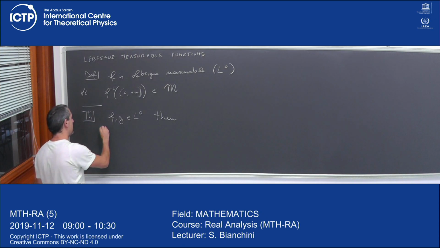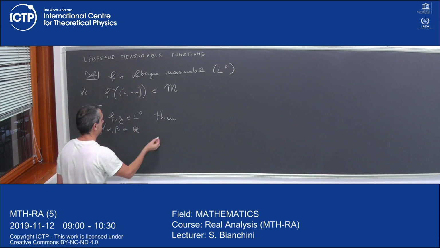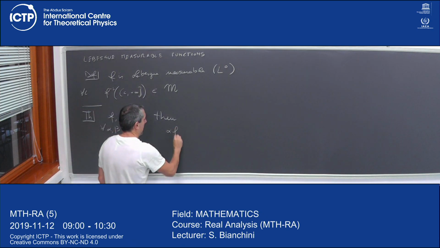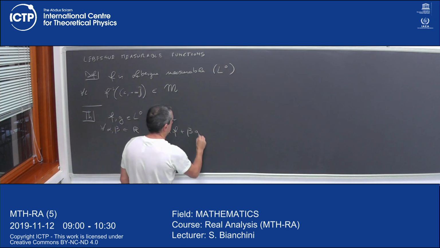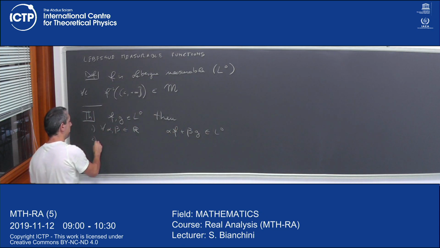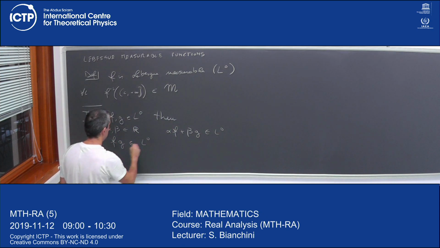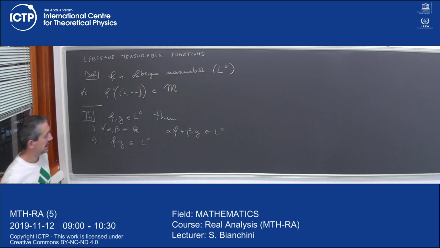Then, for all alpha, beta in R, alpha f plus beta g is in L0, and also the product f g is in L0. And then the last point is the composition.